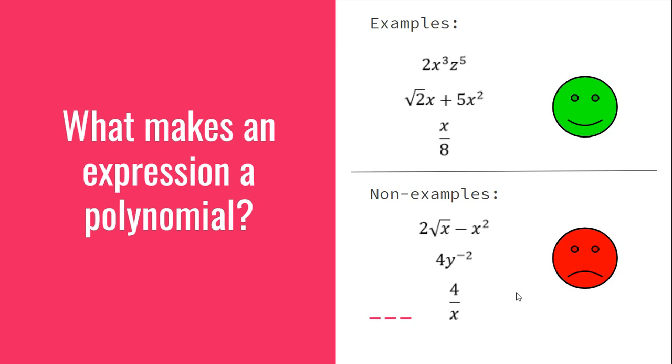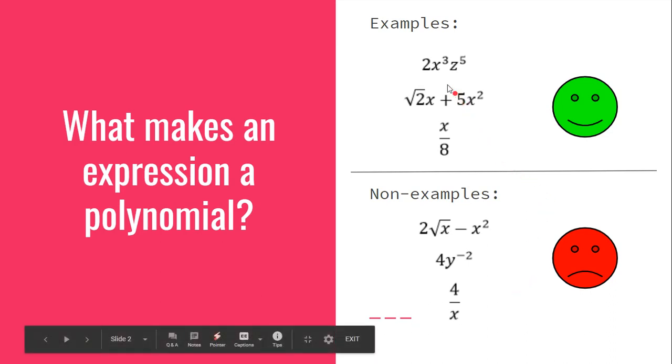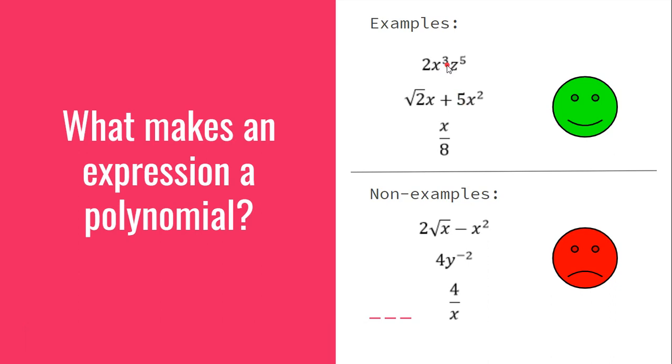So let's look at the things that polynomials have that the non-examples do not have. If you look, each variable has an exponent that is positive and also a whole number. So we see an x to the power of 3 and a z to the power of 5. Those are both whole numbers and positive. Down here we have a single x, which means it has a hidden exponent of 1.